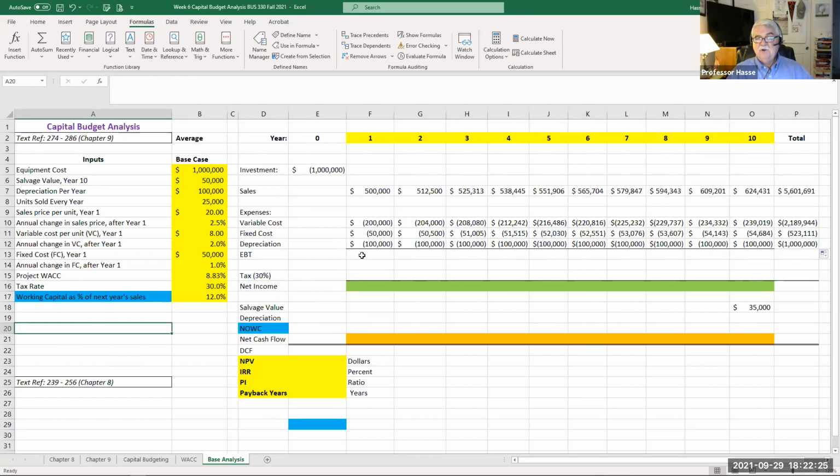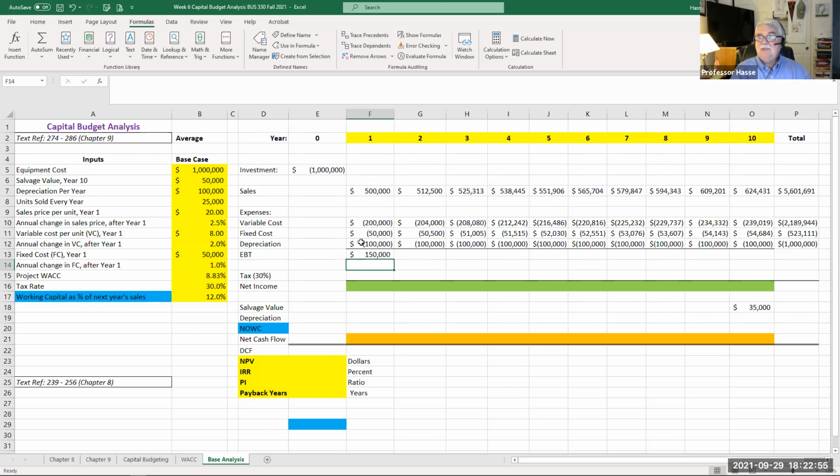So what is my earnings before taxes, better known as my operating income? It's going to equal the revenue minus the variable costs, the fixed costs, and the depreciation. $150,000. 500,000 minus 250 and $100,000.